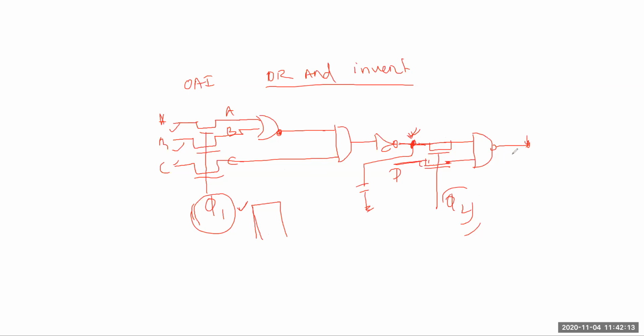That means it is synchronous. We'll discuss that in the next class: synchronous dynamic circuit techniques, which depend upon the clock edge. When the clock edge comes, at that point you get the outputs.